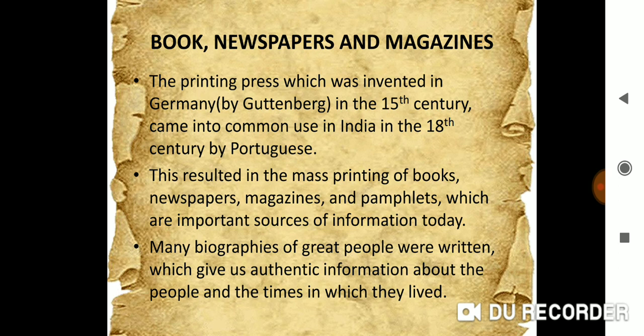Many biographies of great people were written, which gave us authentic information about the people and the times in which they lived. So biographies are very important, and that is very authentic information about people.